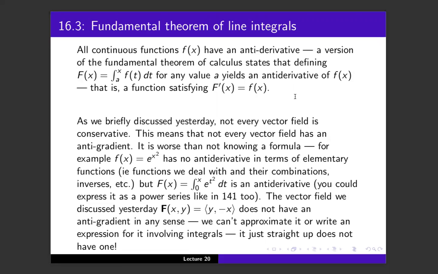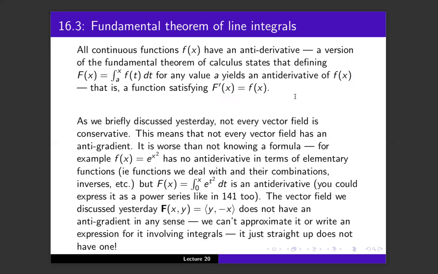It might not be a very nice antiderivative, but it's still an antiderivative. Which is to say that if you take the derivative of that big F, you're going to get little f. That's a well-defined function. It could be an ugly well-defined function, but it's still well-defined.